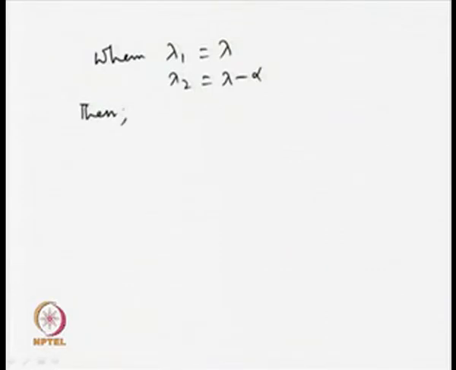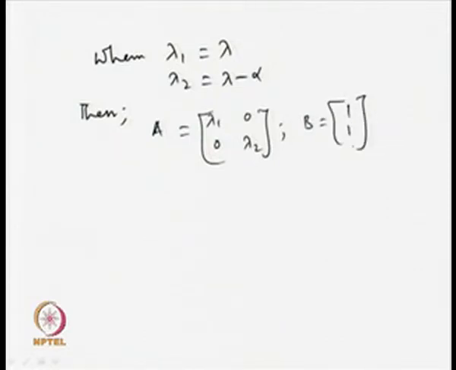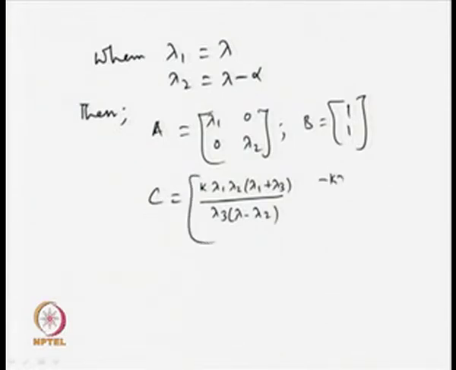Then whatever A, B, C we have got, A becomes [lambda 1 0; 0 lambda 2], B equal to [1 1], and obviously C will now be in the standard form of k lambda 1 lambda 2 (lambda 1 plus lambda 3) by lambda 3 (lambda 1 minus lambda 2), minus k lambda 1 lambda 2 (lambda 2 plus lambda 3) by lambda 3 (lambda 1 minus lambda 2).